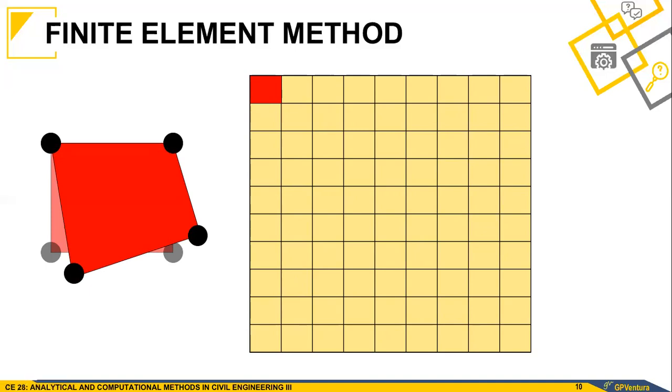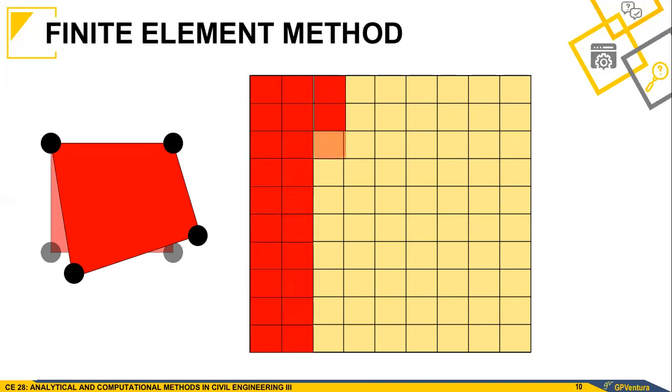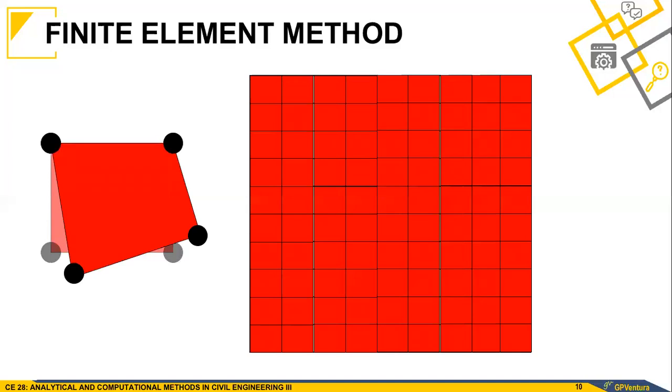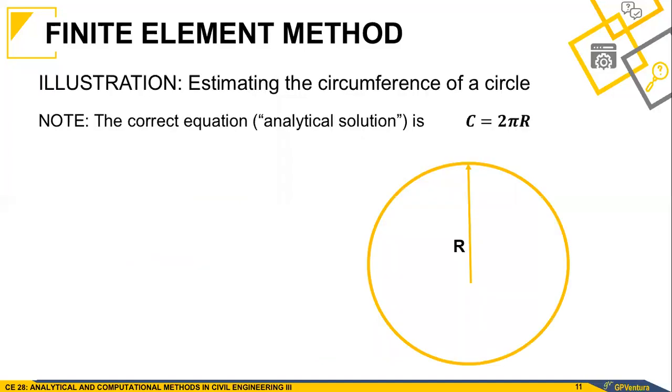After which, if I would be able to do that per element, my next step is to assemble all the elements and go back to the original model and combine the results from my elements. Of course, I combine them using the governing mathematical equation, partial differential, ordinary, or any other equation that is governed by the model or the problem that I am solving. Then I should be able to get a solution for the entire problem. That's basically what FEM is all about.